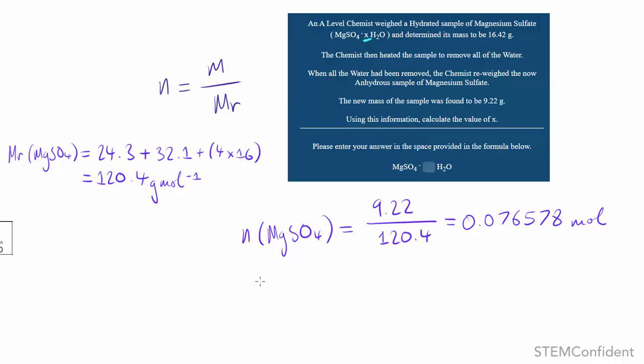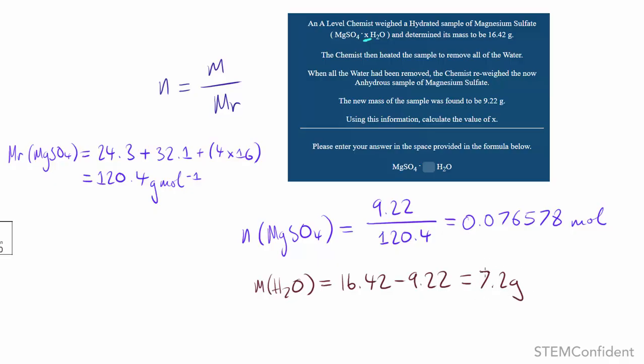So on an arithmetic level, we can just say that the mass for the H2O is equal to 16.42 minus 9.22, right? And that is going to give us 7.2 grams, okay?